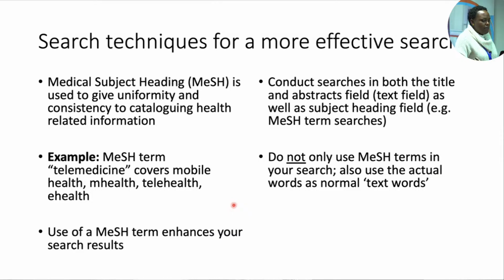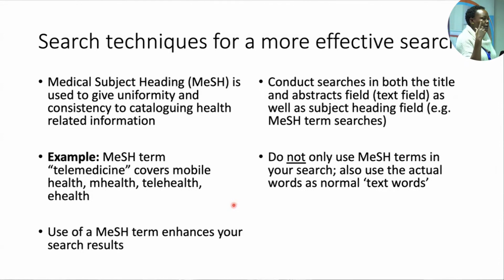Now MeSH terms, so MeSH terms is almost like you're classifying the topic of that paper. So let's say you're looking at oxytocin, and you say it's used in postpartum hemorrhage. So there could be a subject called postpartum hemorrhage.